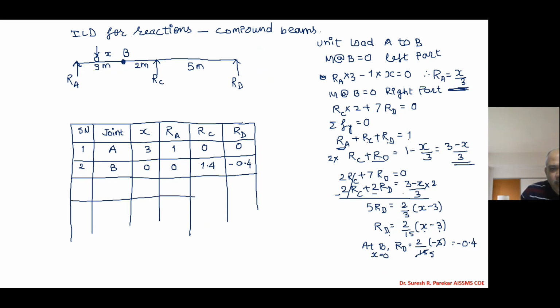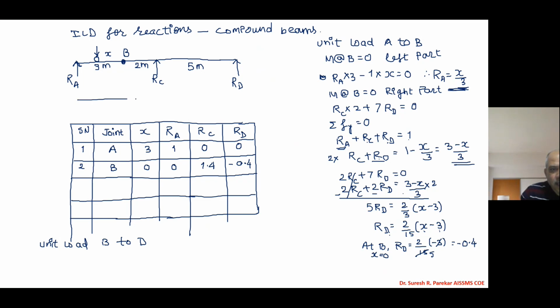Now we will go to the next, where we have unit load between B to D. What will be our equation when we have unit load between B to D? So I will write over here unit load B to D. And what we will get in this one? So now we have another diagram.